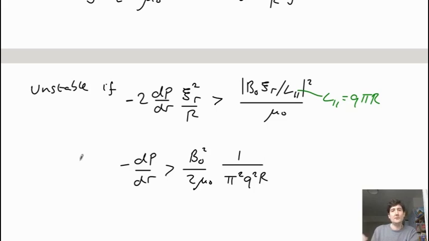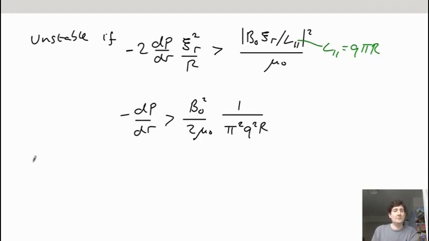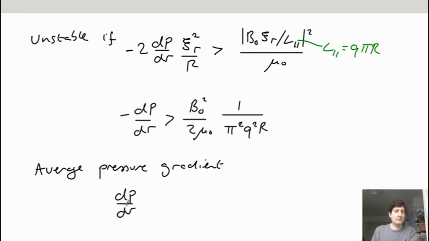We can turn this into a global limit by saying that the average pressure gradient, so if you have a pressure P0, say on axis, so minus dp by dr is roughly the pressure on the axis divided by the minor radius of the plasma. And so this is the maximum pressure in the plasma, and this is the minor radius.